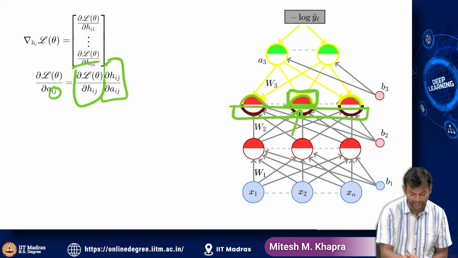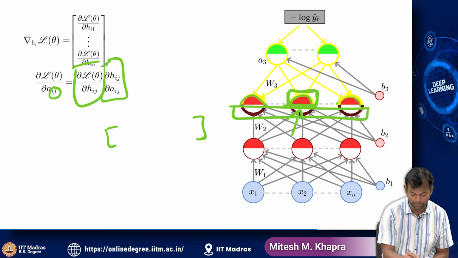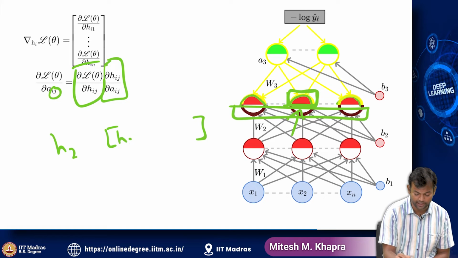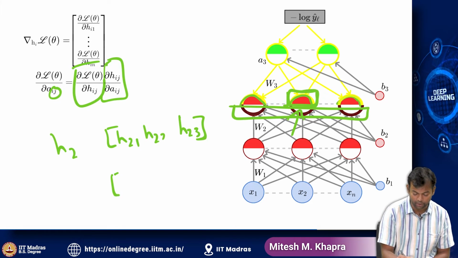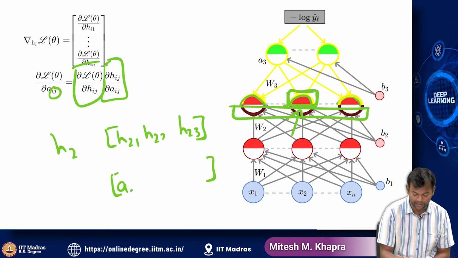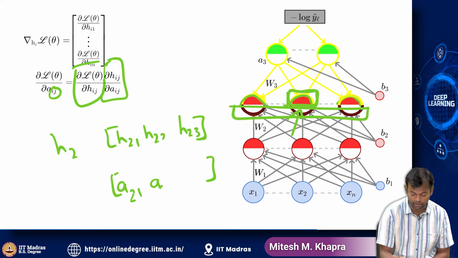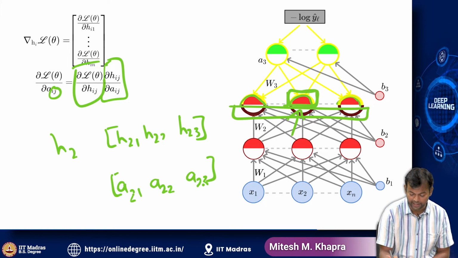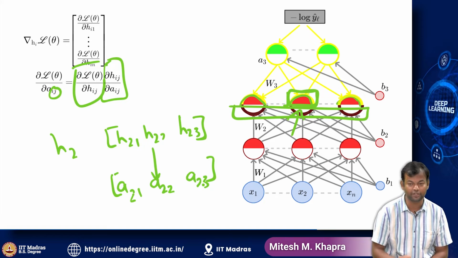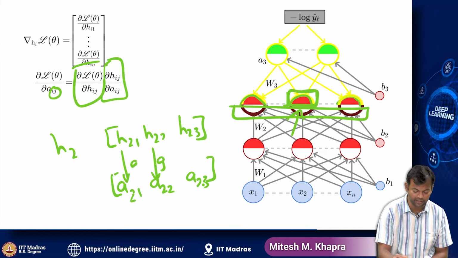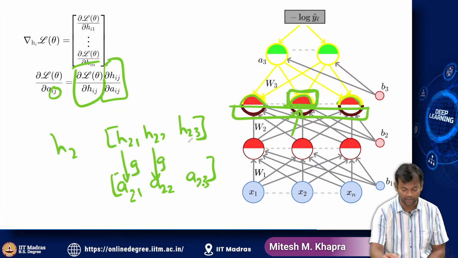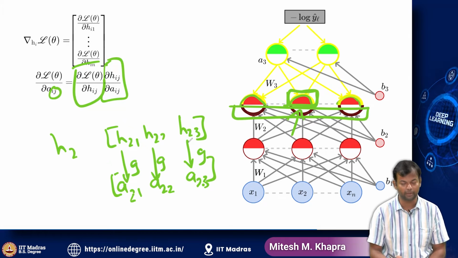how did we compute the h's? Suppose I look at h2, I had h21, h22, h23, and I computed that from the a vector, and there was a one-to-one correspondence. So h22 was just the g function applied to a22, h21 was just the g function applied to a21, and h23 was just the g function applied to a23.